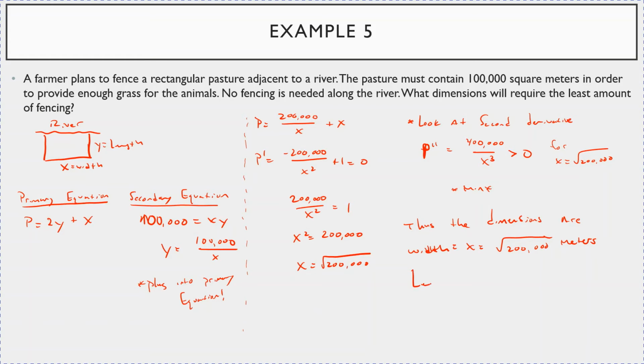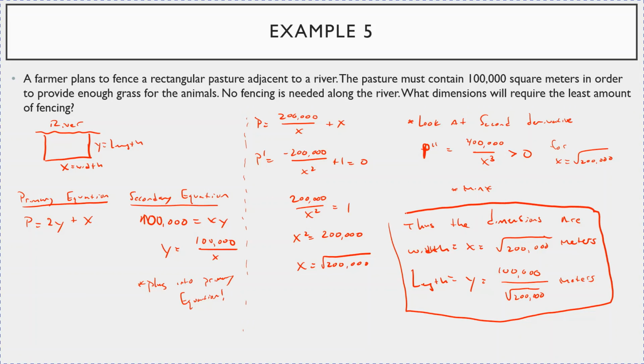And then the length, which is y, well, that's 100,000 divided by the square root of 200,000. I'll leave it like that, meters. Again, find those primary, secondary equations, and boom, you'll notice the steps are all following the same pattern here.